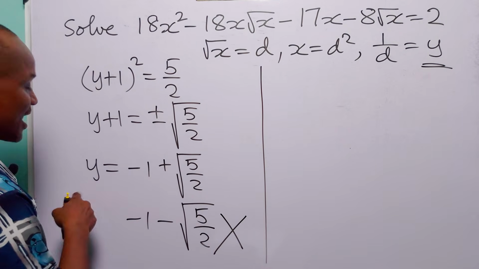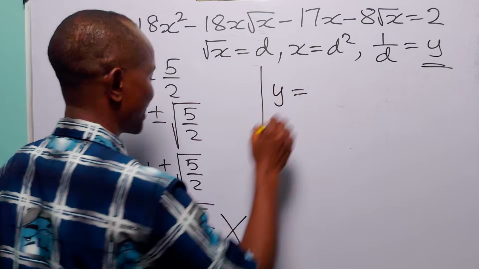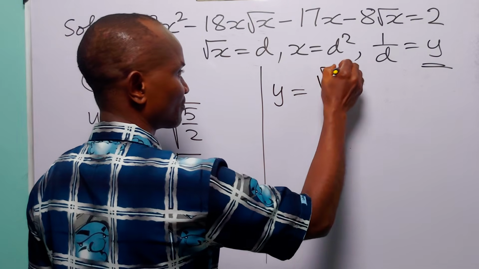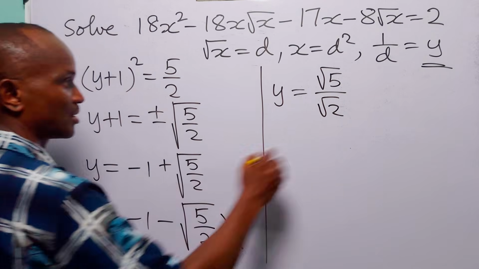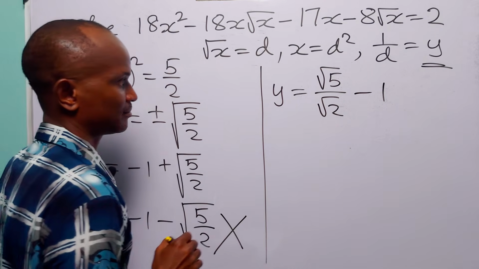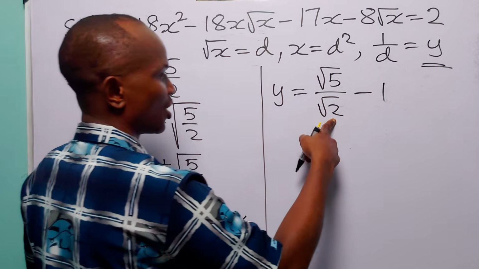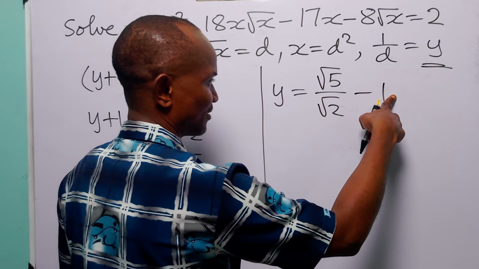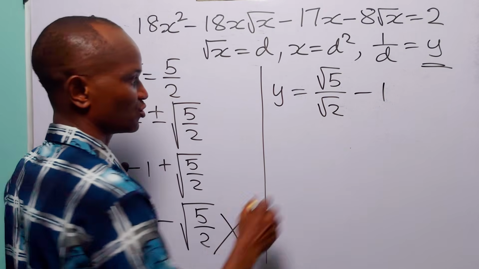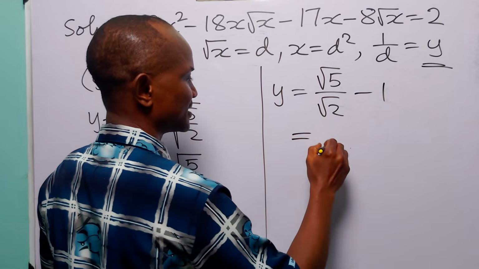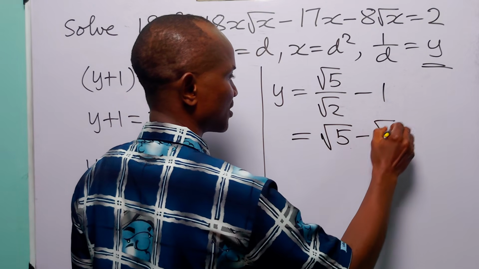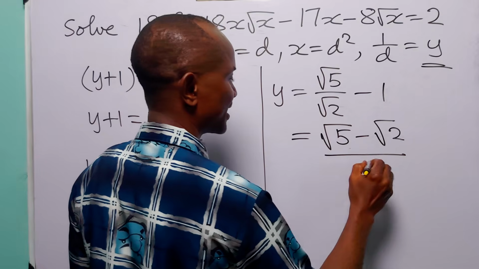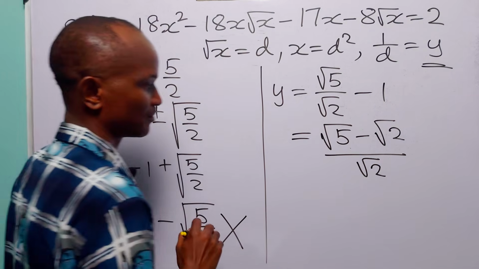So from here we have that y is equal to root 5 over root 2 minus 1. Now, root 2 times minus 1 is minus root 2. So we have that y is equal to root 5 minus root 2 divided by root 2.